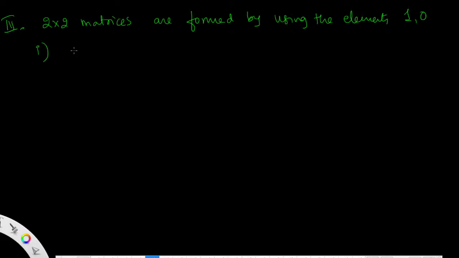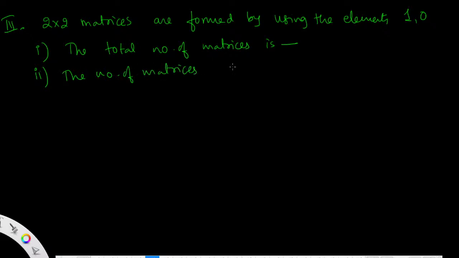Question number 1 is the total number of matrices, dash. Question number 2 is given that the number of matrices having positive determinant value is dash.